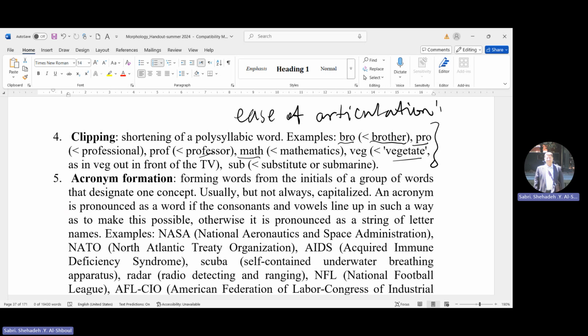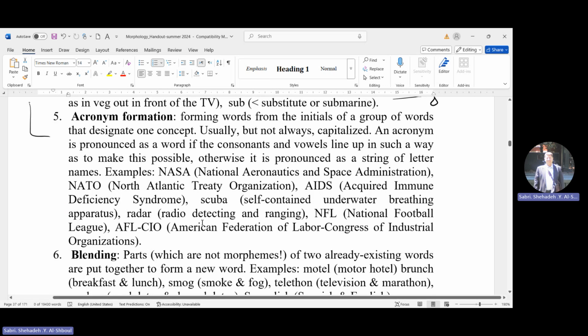Here, another example is called acronym formation. When we talk about acronyms, dear students, we have different words used together as referring to a certain entity, and also for ease of articulation.